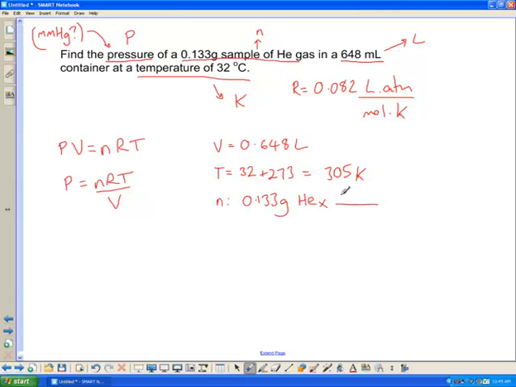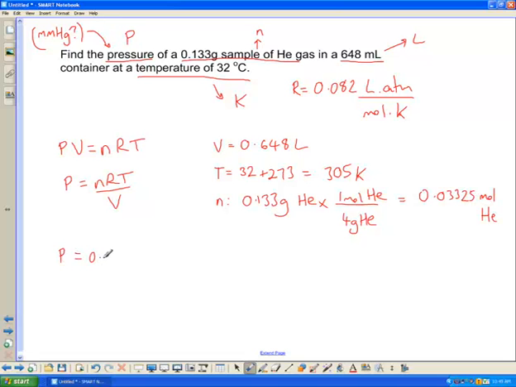And all we've got to do is convert it into moles. And we can use the periodic table to tell us that 1 mole of helium weighs 4 grams. So therefore the number of moles here of our helium is actually 0.03325 moles of helium.